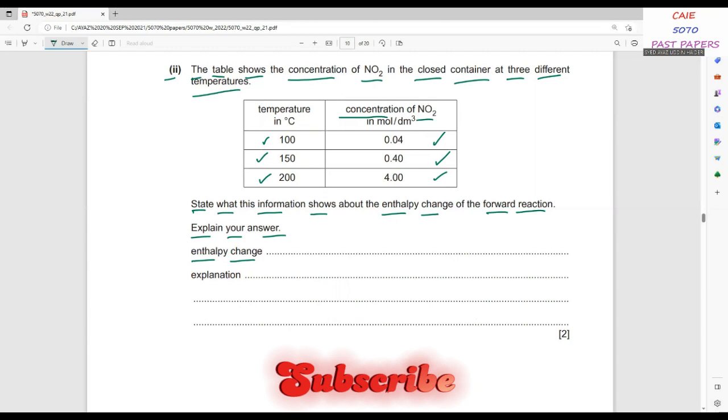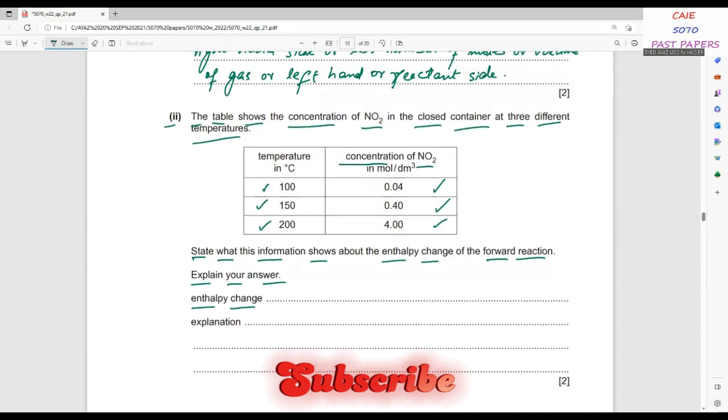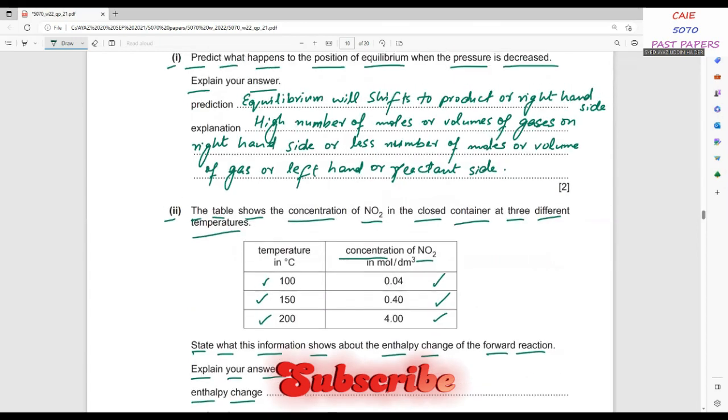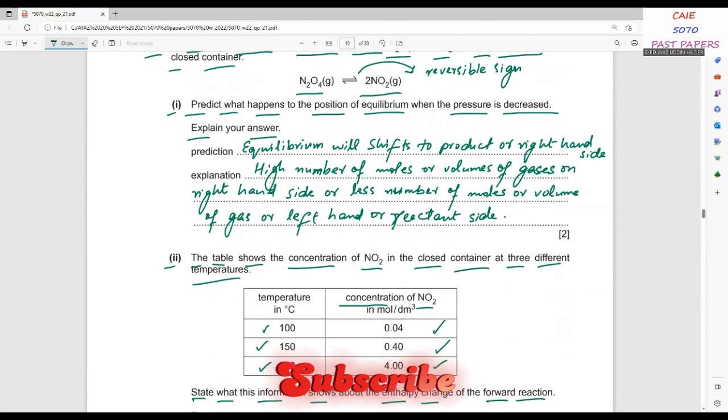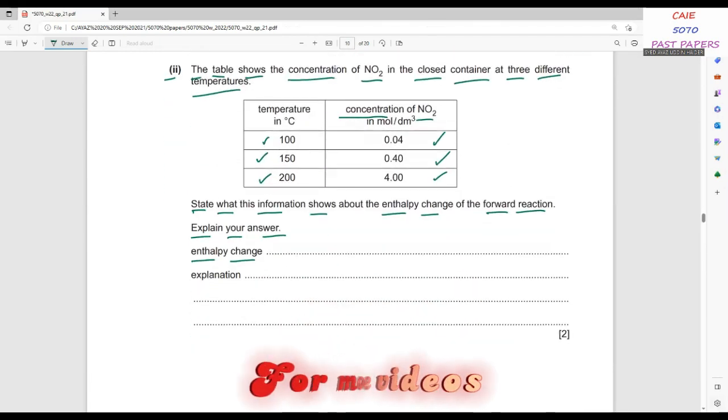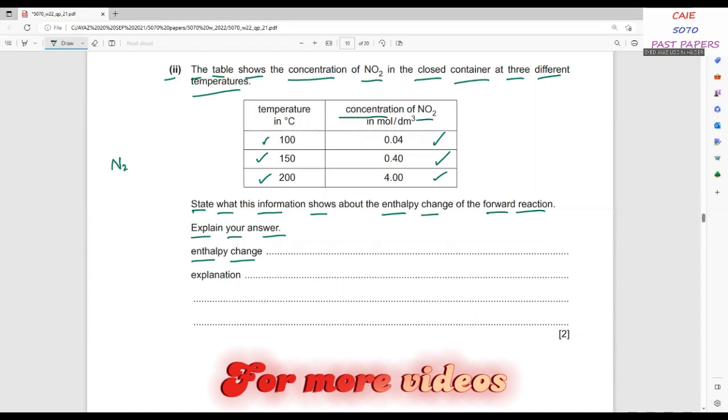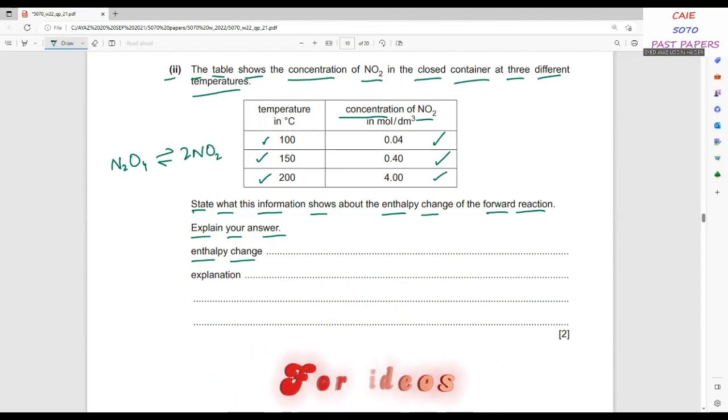The reaction is, I'm writing the equation again for your convenience, N2O4 to NO2. So you have a high concentration of NO2 when the temperature is increased. So delta H must be positive in the forward direction. Delta H is positive.